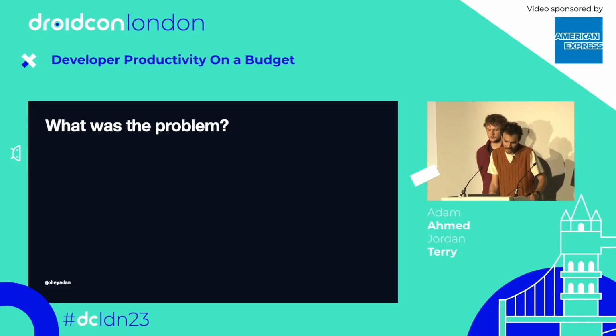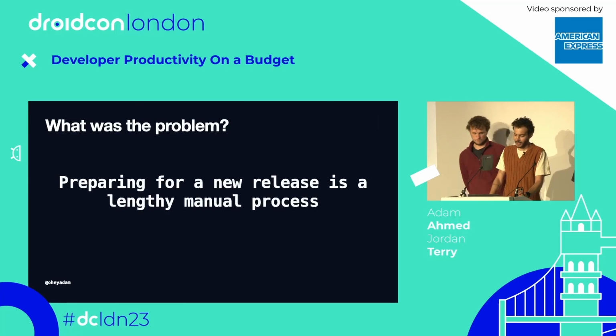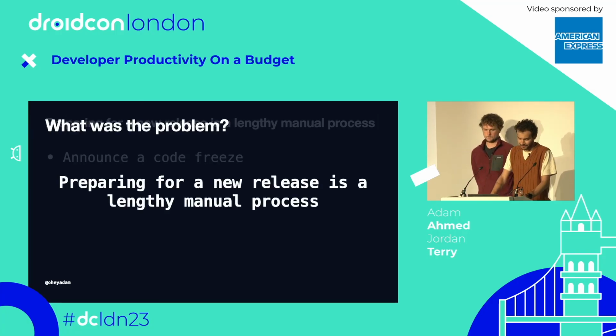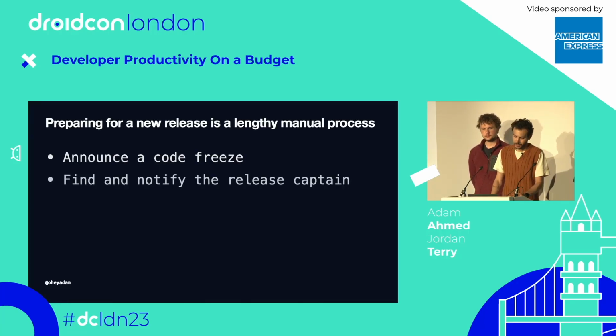A problem that we initially had, and I think a lot of companies have initially, is that creating a new release is a very lengthy and manual process. You have to announce some kind of code freeze. You have to let people know they can't merge anymore because you're about to create a release branch. You need to find and notify the next release captain. When your team is larger than 5 people, that becomes difficult.